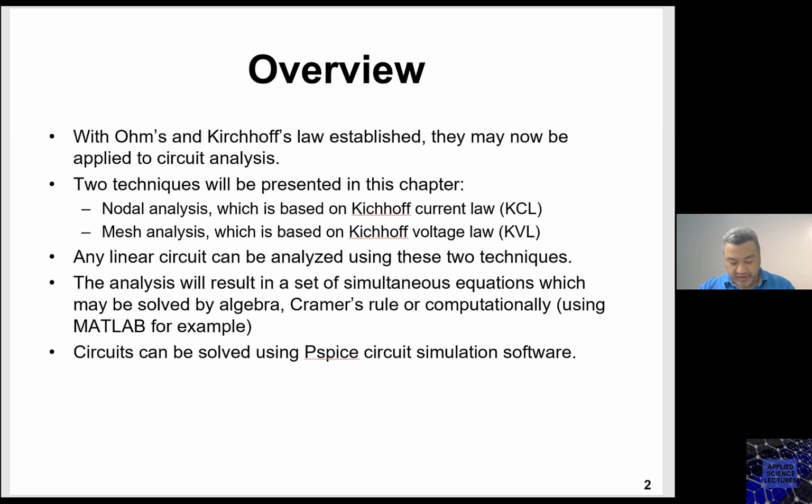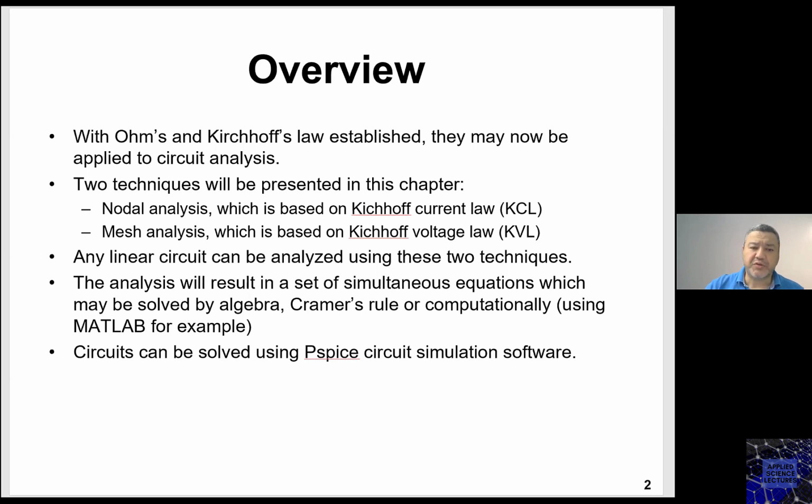Let's start our lecture. Today is our fourth lecture. In today's lecture, we will talk about more analyses than what we have seen so far. So far we have used Ohm's law and applied Kirchhoff's laws, including Kirchhoff's voltage law and Kirchhoff's current law.